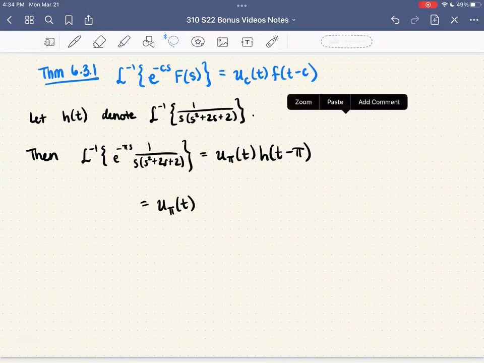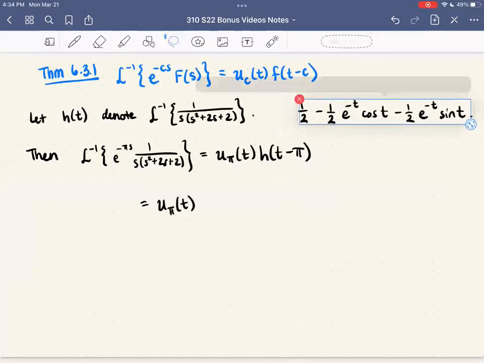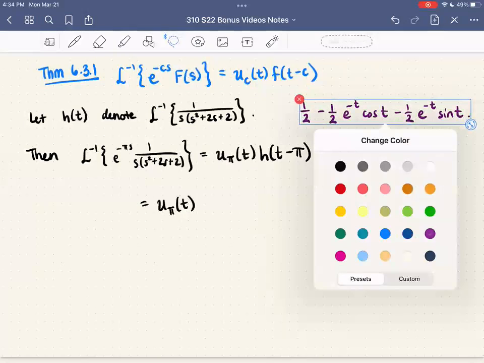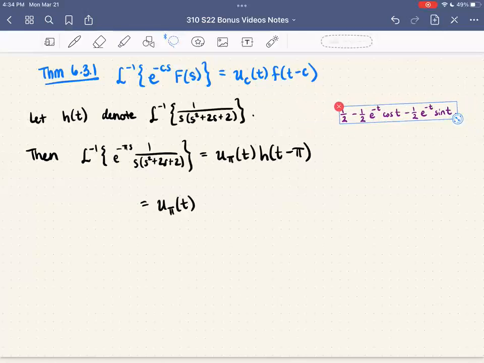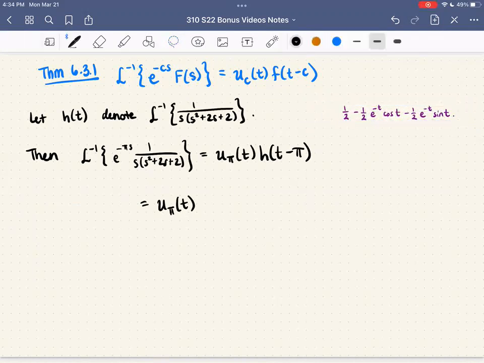So earlier we had, we'll do this in purple, that h of t is the inverse Laplace transform of 1 over s times s squared plus 2s plus 2. And we already computed that. That's the whole inverse we took earlier.